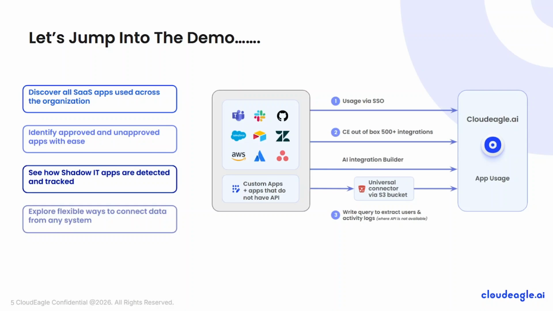We'll also show how shadow IT and shadow AI apps are detected and tracked, and how you can take action directly from the platform. Finally, we'll explore flexible ways to connect data from any system, including our universal connector via S3 bucket. For custom apps and systems without an API, we'll show you how to bring them into CloudEagle. Let's get started.